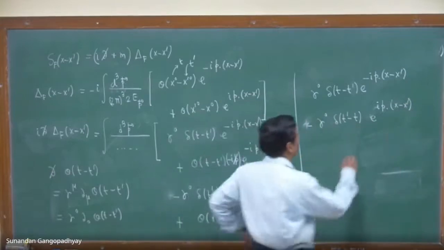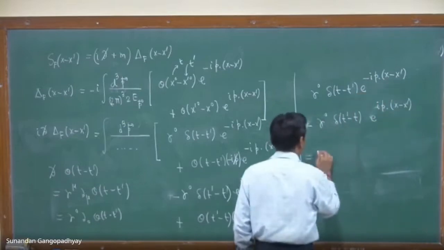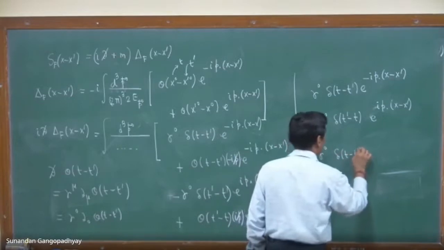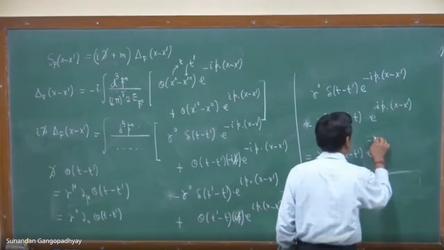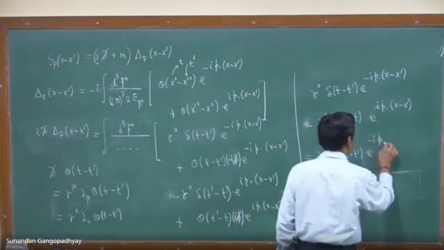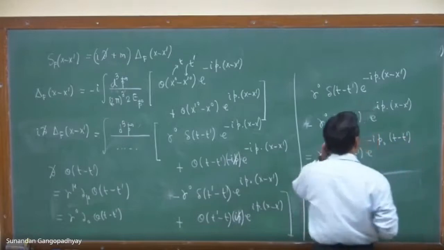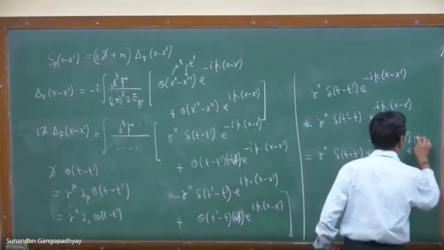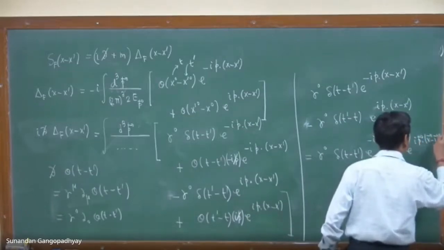So here what we can do is expand this thing. This will be t minus t prime. We expand the exponential, and we get one term as e to the power of minus i p0 times t minus t prime, and the other term will be e to the power of i p vector dot x minus x prime vector.